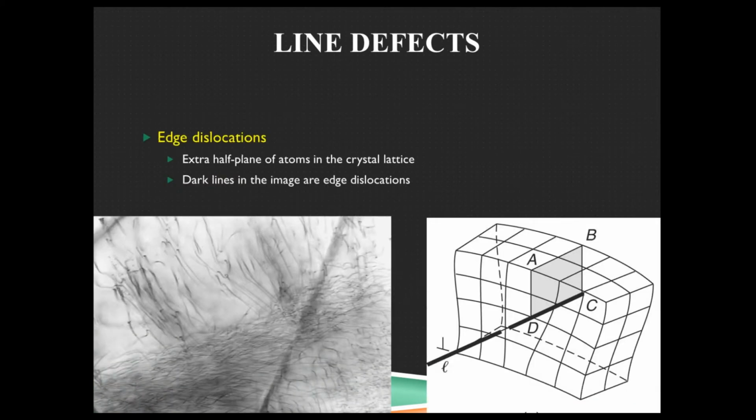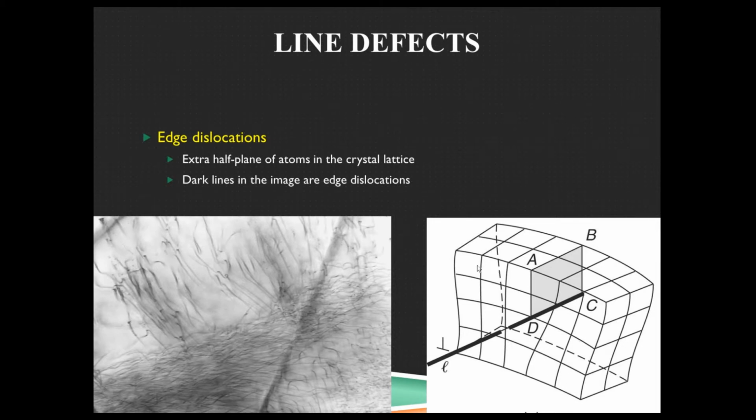So an edge dislocation is where there's an extra half of a plane of atoms in the lattice. You look where this dark line is going through the matrix here, and below it there are only 5. It's a 2 by 5 grid.